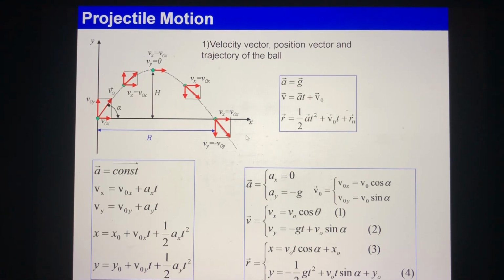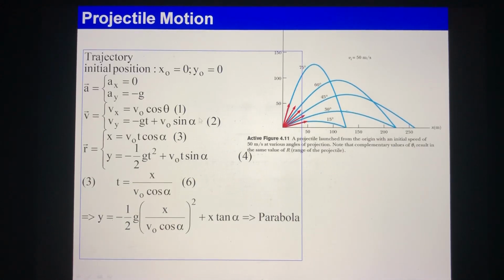Now we consider the trajectory. So what is trajectory in this case? It means that we write a function y depends on x. Take a look here. We have x depends on time, y depends on time. So from here we can eliminate the time to have y depends on x like this. We consider the initial position x0 equals 0 and y0 equals 0.